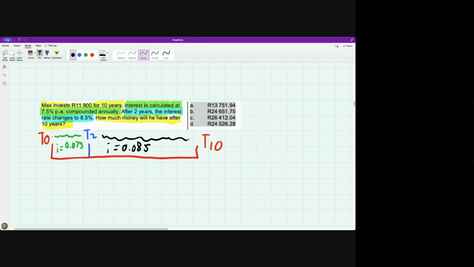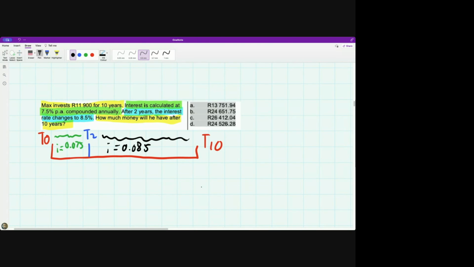So my timeline is trying to show you the first 2 years is that interest rate. The next 8 years is that. How much money will I have after 10 years? And there's 4 choices. I'll give you some time. If you get stuck, raise your hand, ask me a question, or put it in the chat.